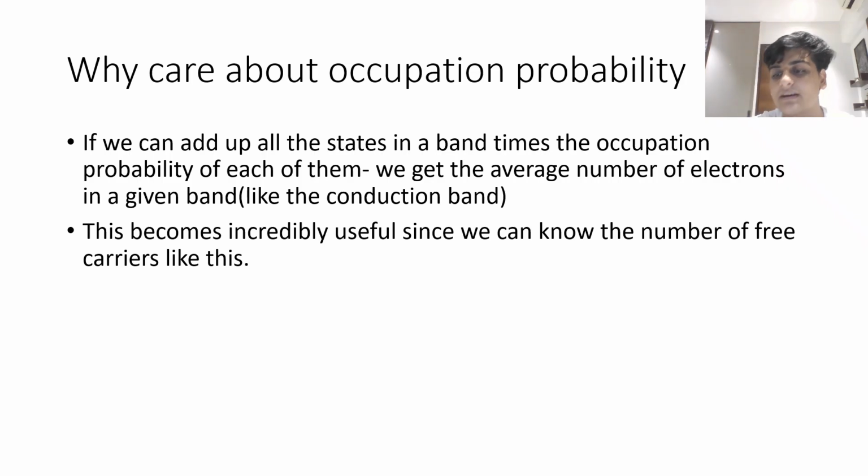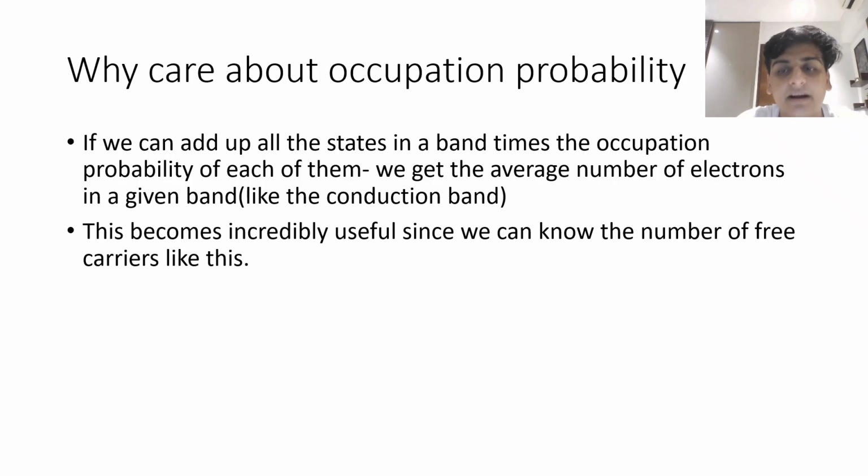Say there are 10 states and each of them is occupied with probability 0.6, then on average 6 states are occupied, and if each state has 2 electrons in it, then I have an average of 12 electrons. Obviously this average becomes more and more accurate when you have a lot of states, but in principle, once you know the occupation probability, you can calculate these things.